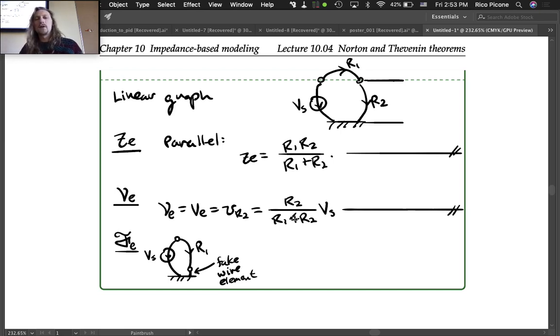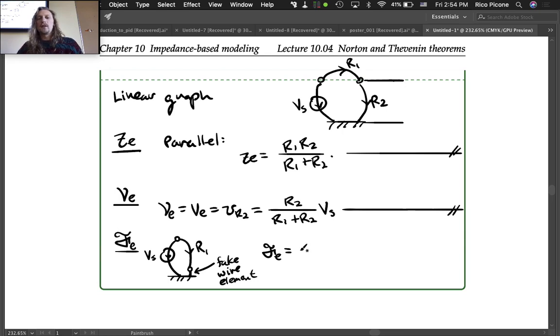But what we're going to say is that what we want to know is the through variable through that. So FE is equal to whatever that through variable is. And if I look at a little continuity equation there, whatever that through variable is going to be is whatever through variable R1 sees, right?